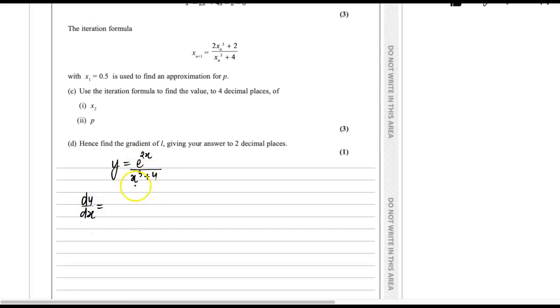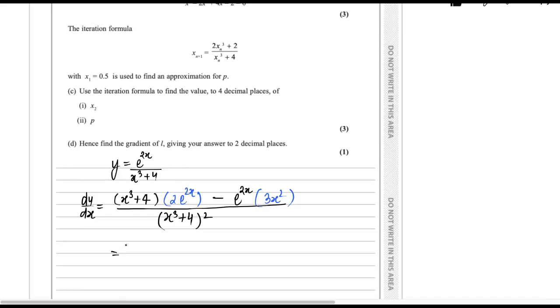We copy x cubed plus 4, and differentiate e to the power 2x, which gives 2e to the power 2x, minus copying e to the power 2x as it is, and differentiating the bottom one, we get 3x squared, over x cubed plus 4 squared.